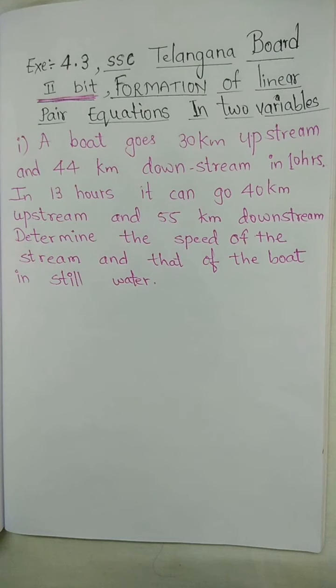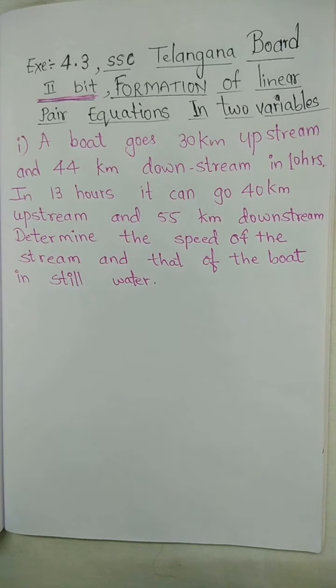Now come to the downstream word. What is the meaning of downstream? Downstream means when the boat moves in the same direction of motion of water. When it moves in the same direction, the water pushes the boat and the boat can move very fast. That means speed of boat and speed of water are added. So when will the speed of boat be more?